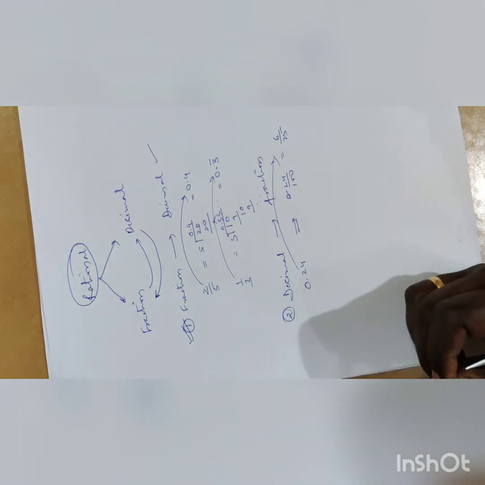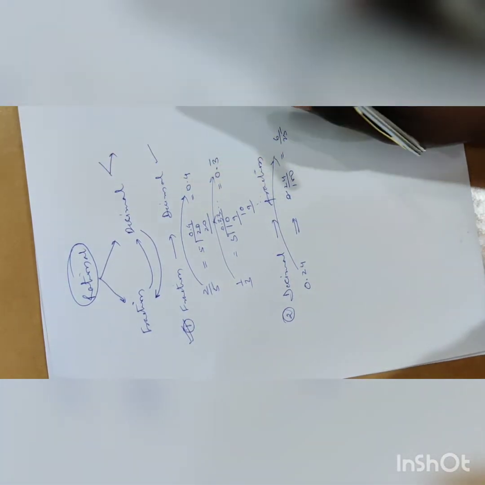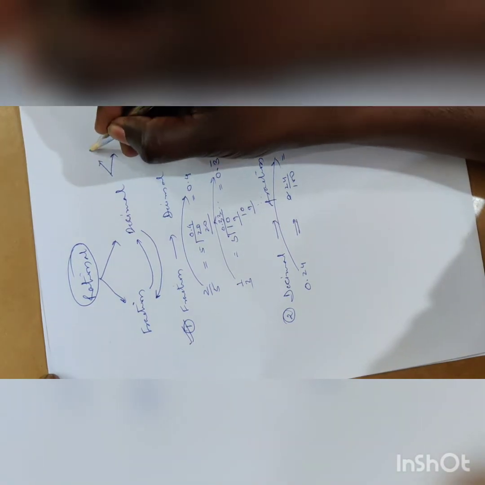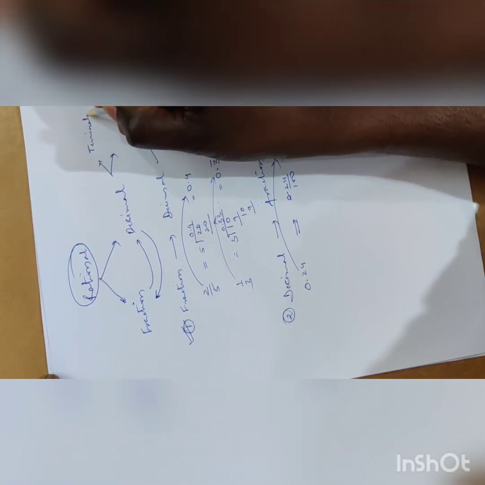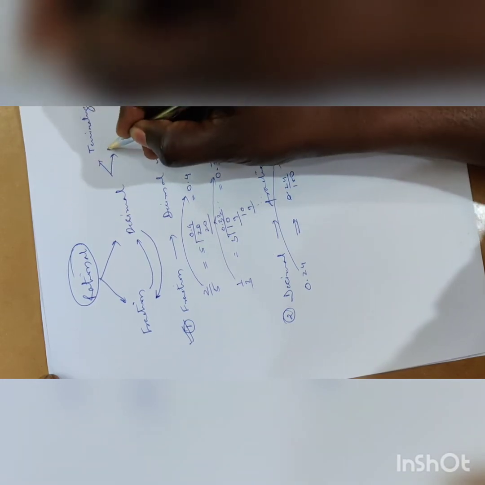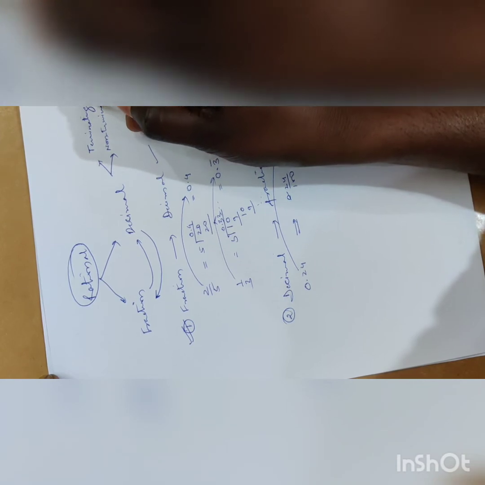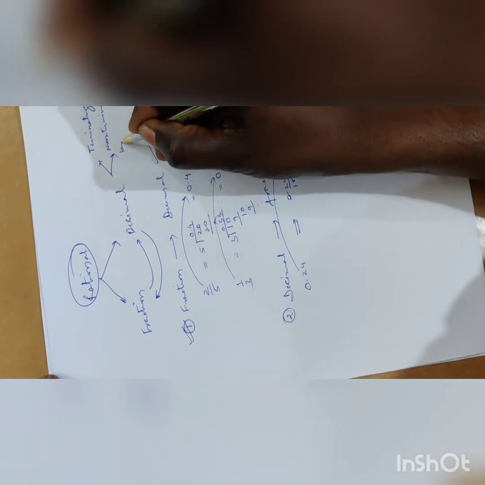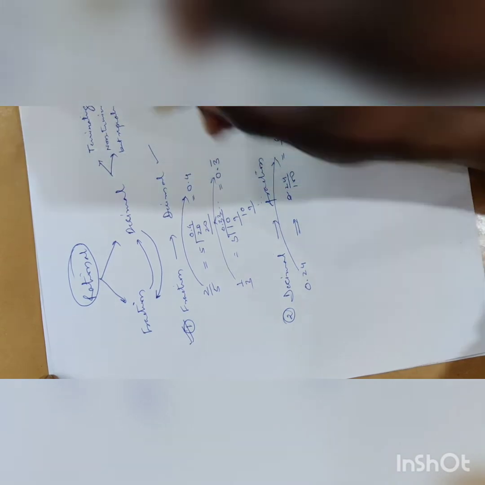Let's check the other form of decimal expansion, because we know there are two decimal expansions. Which are the two decimal expansions? It can be either terminating or non-terminating but repeating.